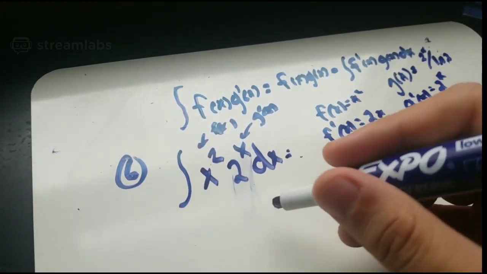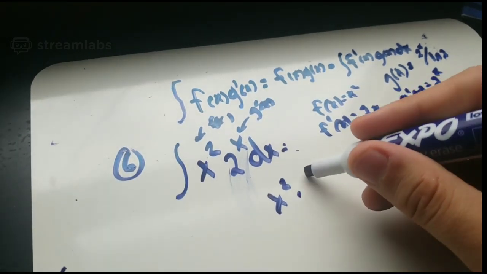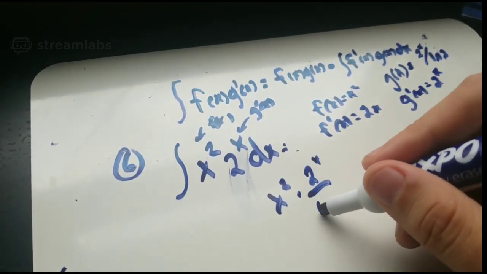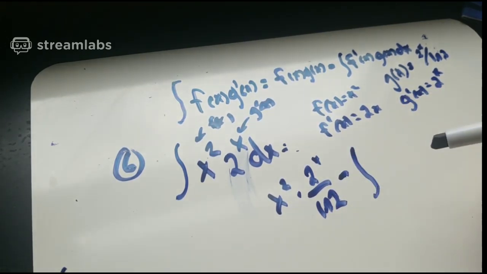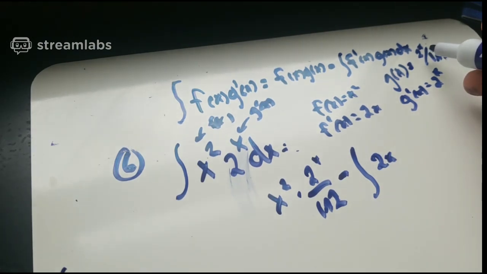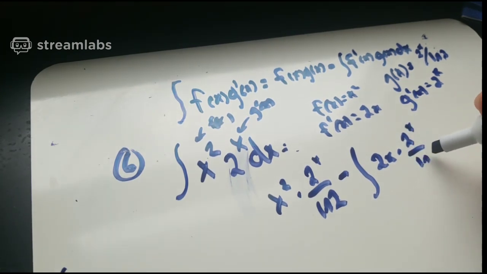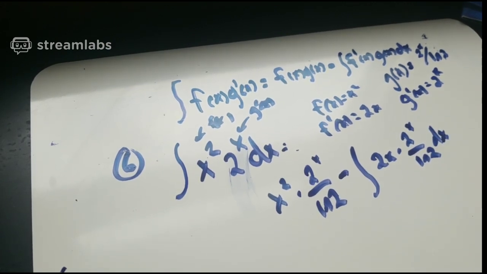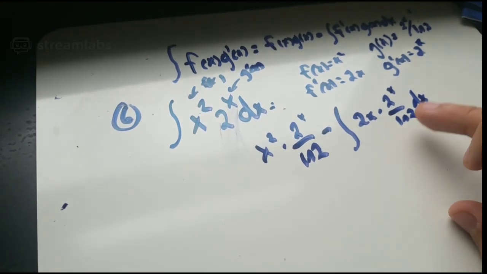So this equals f of x times g of x, so x squared times 2 to the x over ln 2 minus the integral of f prime of x, which is 2x, times the integral of g of x, which is 2 to the x power over ln 2 dx.